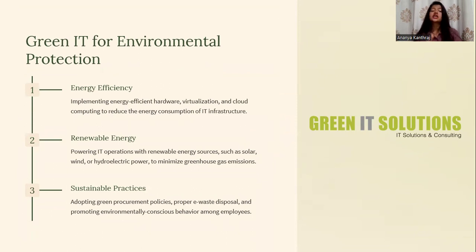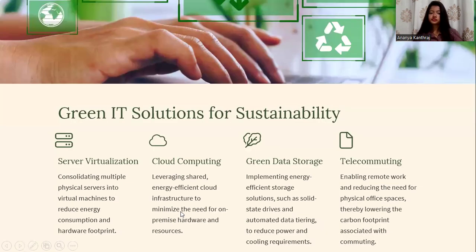Second is renewable energy: powering IT operations with renewable energy sources such as solar, wind, or hydroelectric power to minimize greenhouse gas emissions. Third comes sustainable practices: adopting green procurement policies, proper e-waste disposal, and promoting environmentally conscious behavior among employees looks into the sustainable practices of green IT for environmental protection.